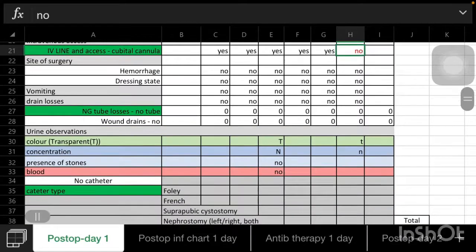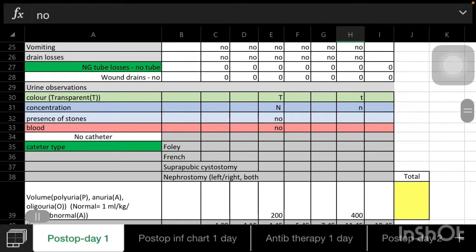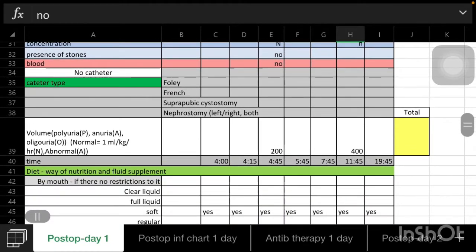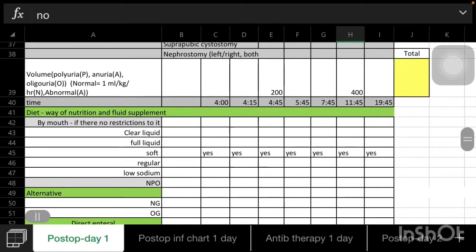Urine observation is normal, the color is normal, concentration is normal, no presence of stone, no blood in urine, and no catheter is inserted. Urine output is normal. As for nutrition, now the patient is permitted a soft food diet, and there are no restrictions.